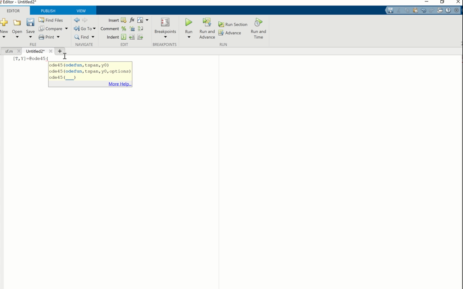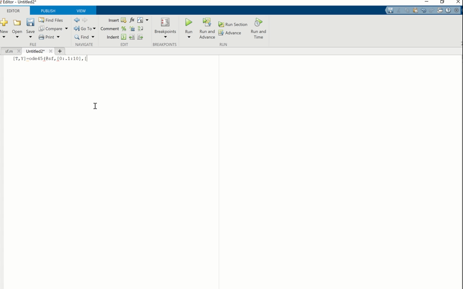Then the at sign means go and call the SF file, SF, and then from time of 0 with time step of 0.1 to 10.